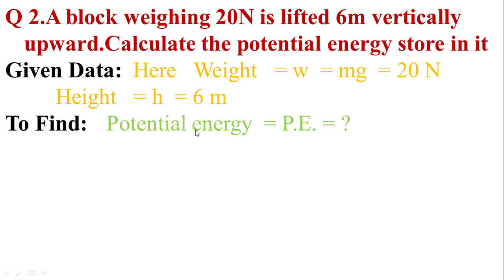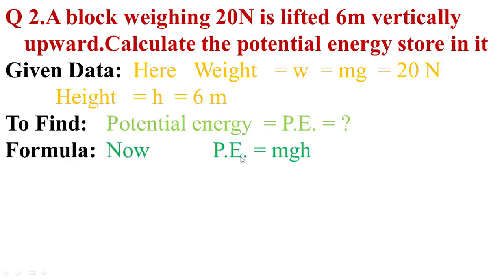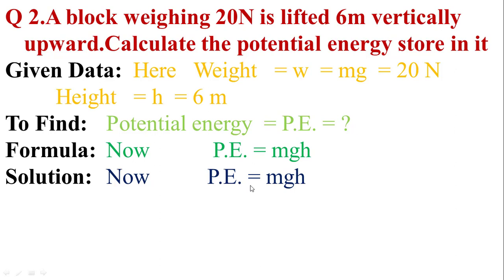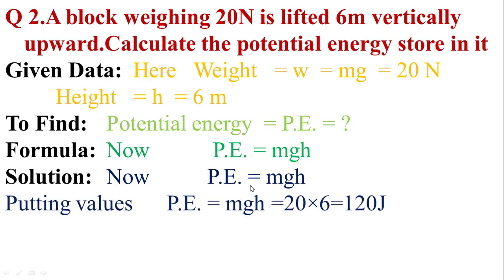To find potential energy, denoted by PE. Now the formula of potential energy is PE is equal to mgh. In solution, PE is equal to mgh.